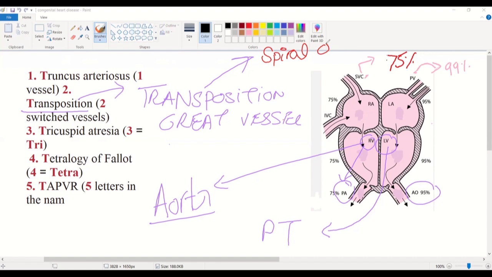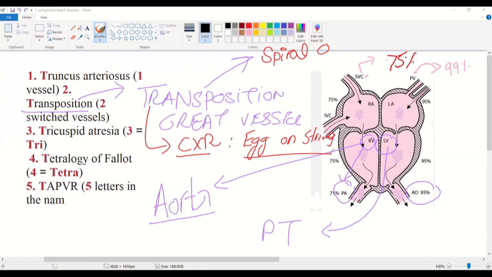What finding do you expect on the chest X-ray in transposition of the great vessels? I'm talking about a specific finding. Egg on string appearance, on chest X-ray.